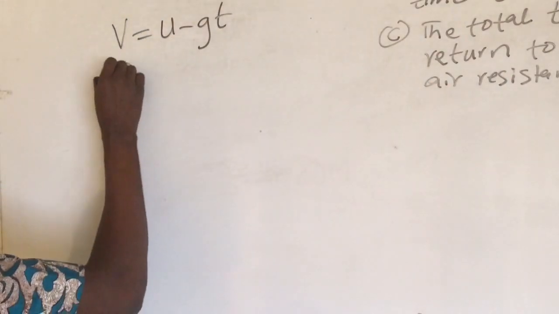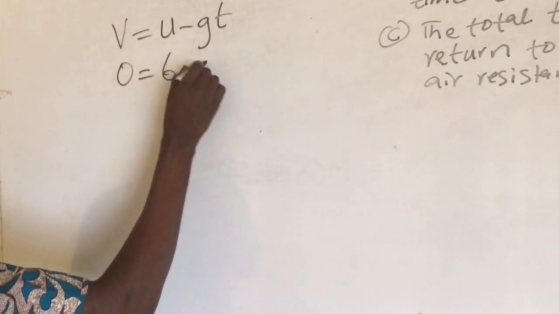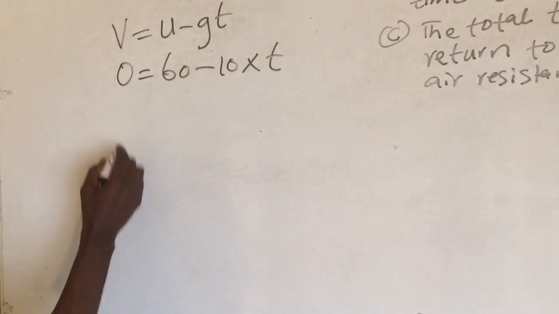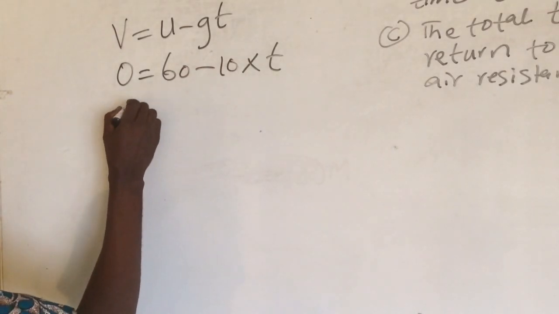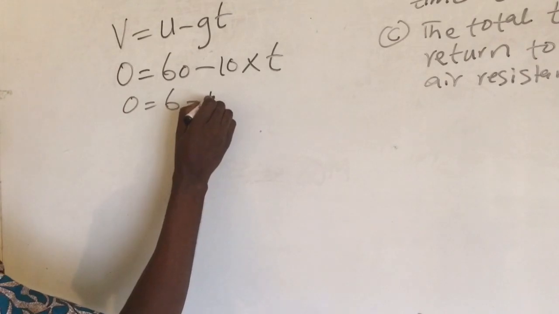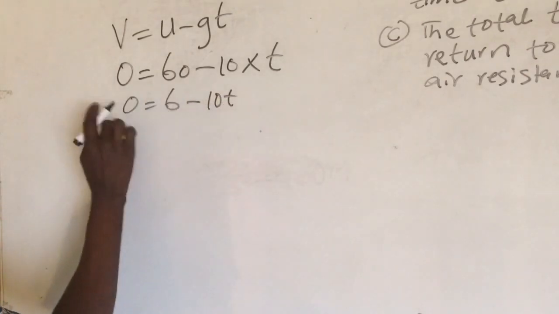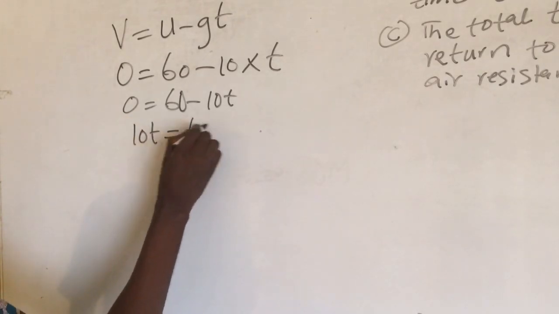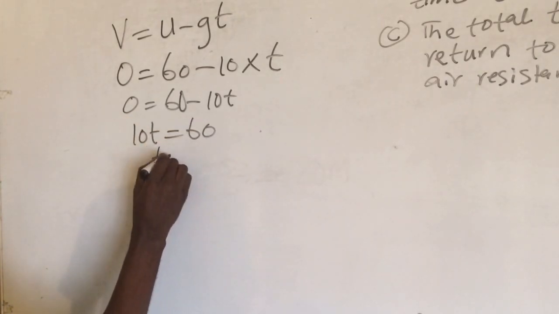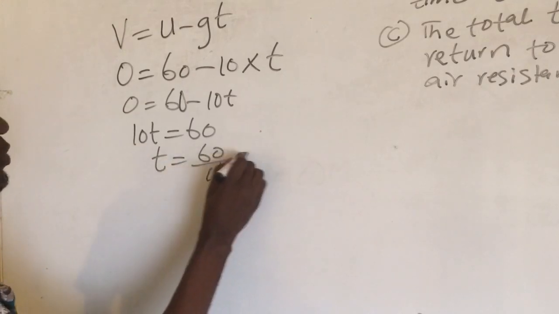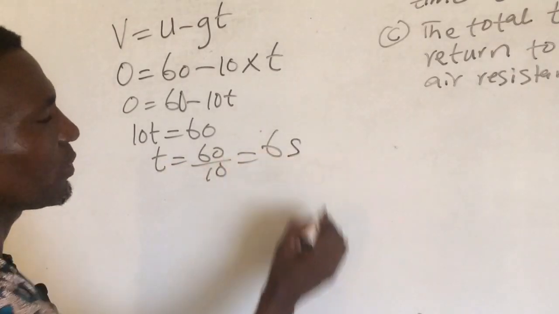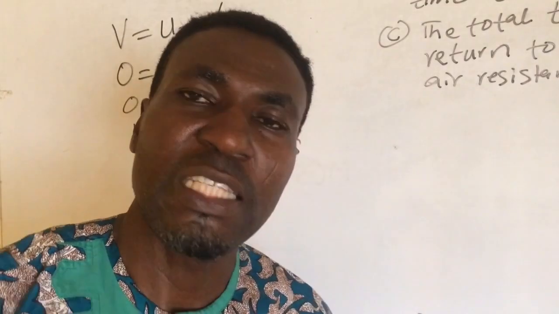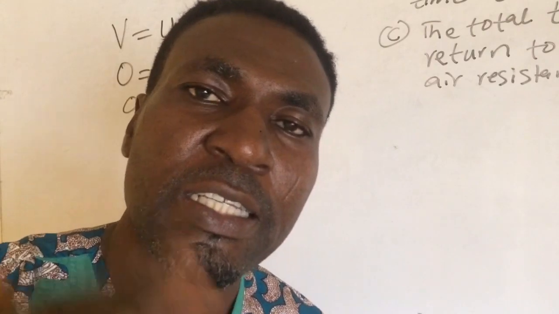So 0 equals initial velocity, which is 60, minus 10 times T, the time we are looking for. Now we have 0 equals 60 minus 10T. Bringing this to this side, we have 10T equals 60. Then T equals 60 over 10, which is 6 seconds. So the time it has taken to reach that maximum height is 6 seconds.